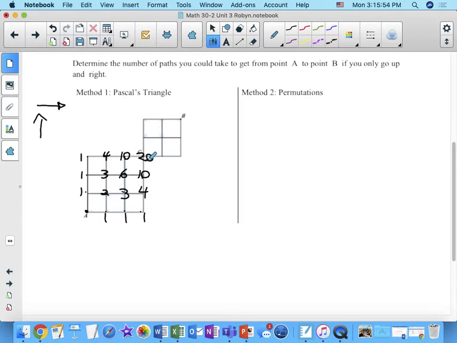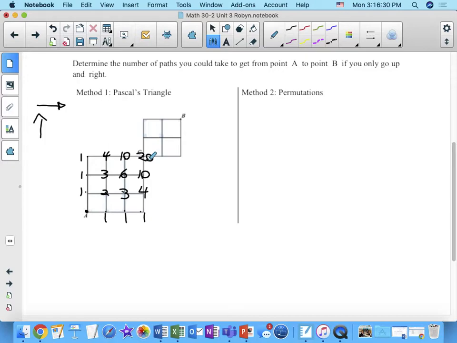This is tricky. If I was just starting from scratch here, if this was my starting point, how many ways would there be to get from here to here? 1. But I've already had 20 ways to get to here. And I'm going here. So if there's 20 ways to get to here and 1 way to get to here, when I'm doing an and, 20 ways to get to one place and 1 way to get to another, how many total?